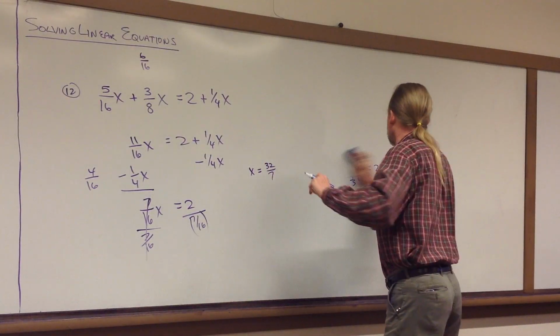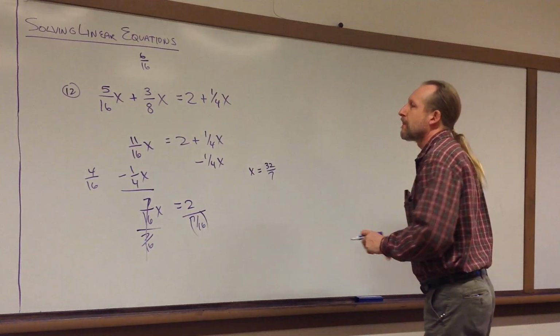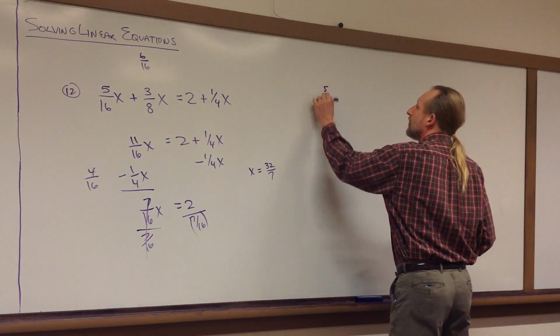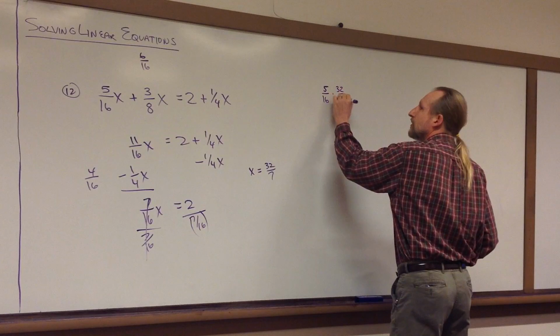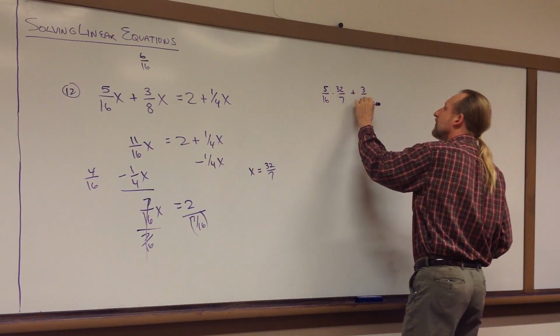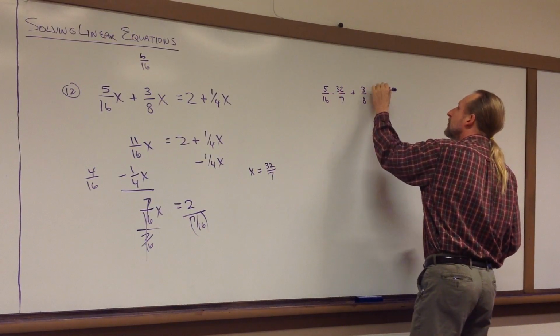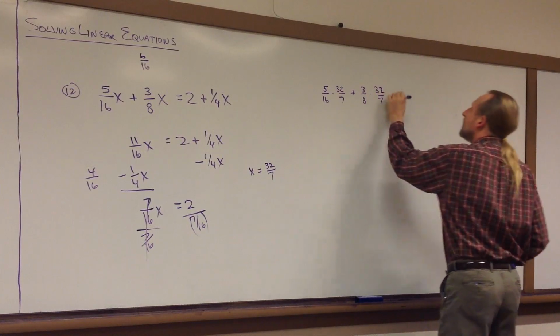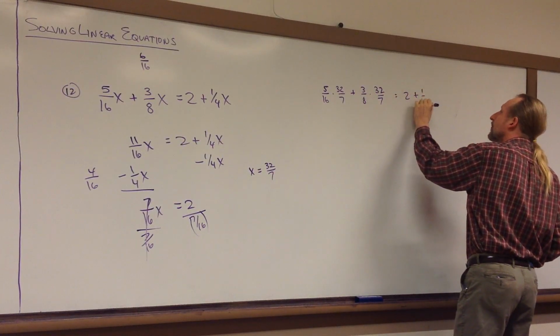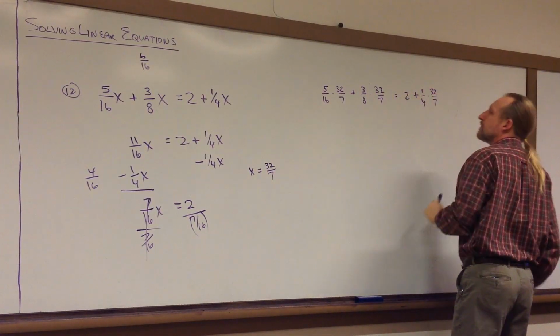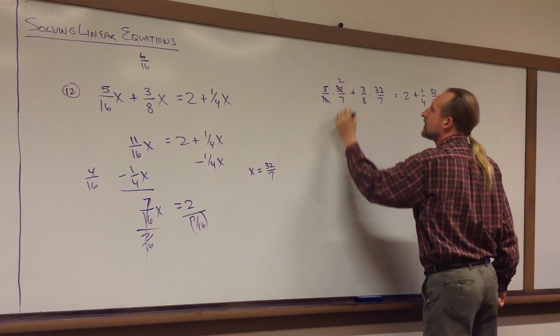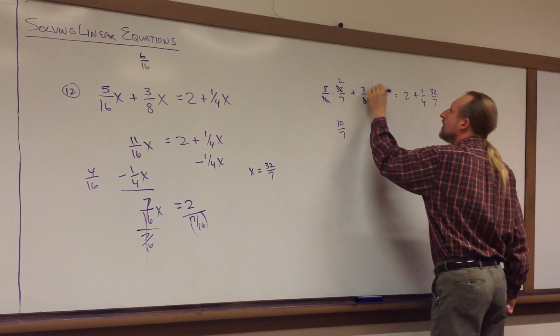Well, let's double check that. Make sure that it's true. All right, so 5/16 times 32 over 7, plus 3/8 times 32 over 7. Is that going to be 2 plus a fourth times 32 over 7? So we'll see some canceling here. There's 10 over 7.